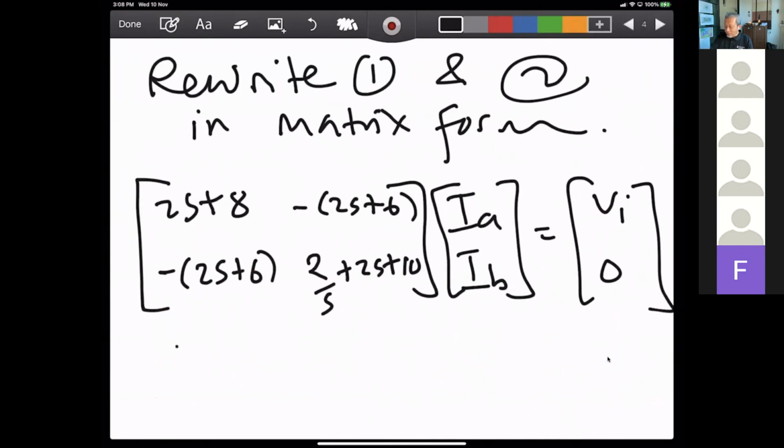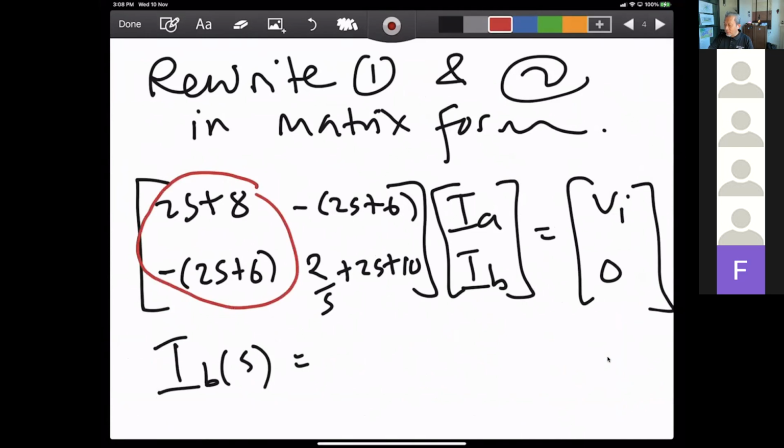Okay, so we want to find IB. IBS is: we take this part, then couple it with this part.